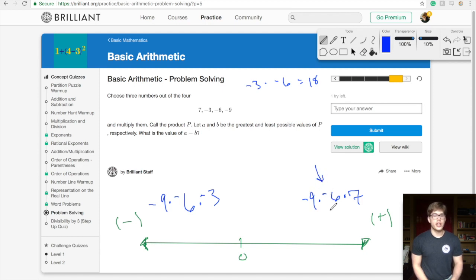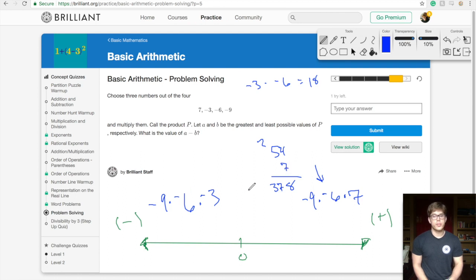On our larger number, we have negative 9 times negative 6. 9 times 6 is 54, so this is going to be positive 54. And then times a 7. 7 times 4 is 28. 7 times 5 is 35, plus 2 is 37. So our largest number is 378.